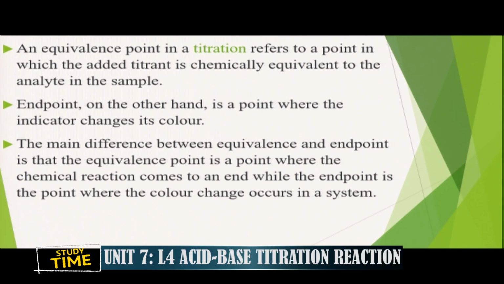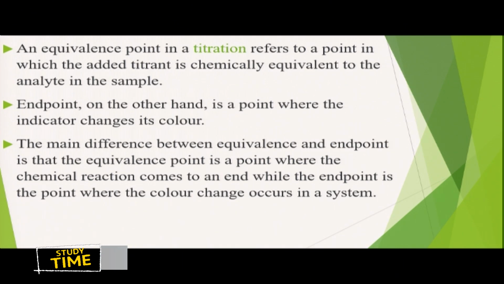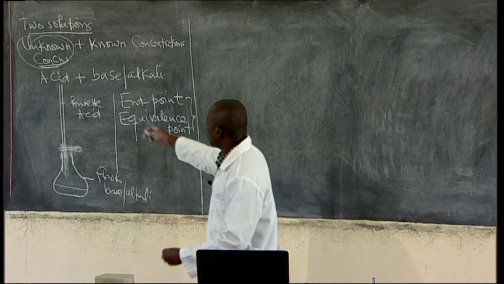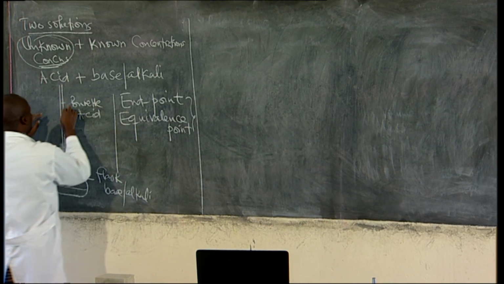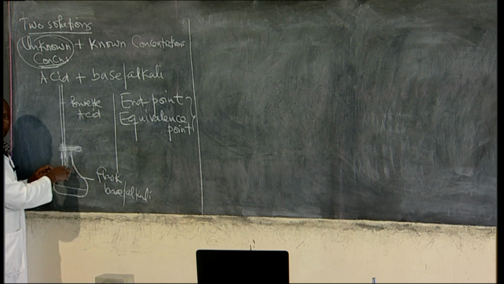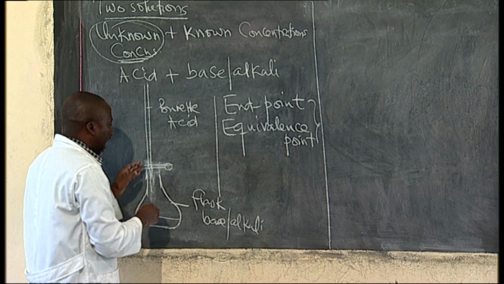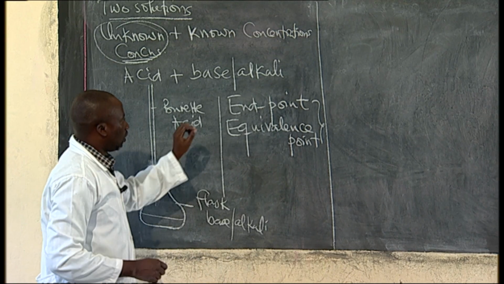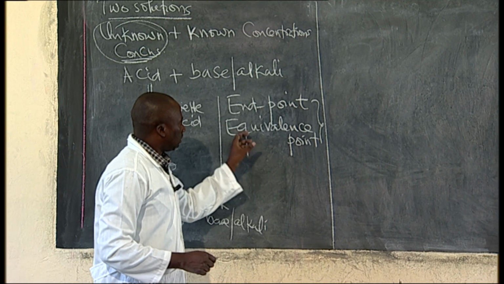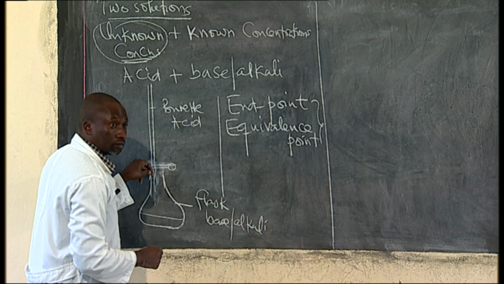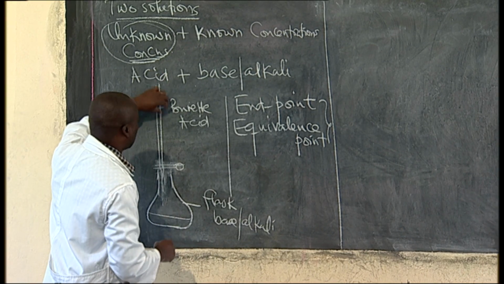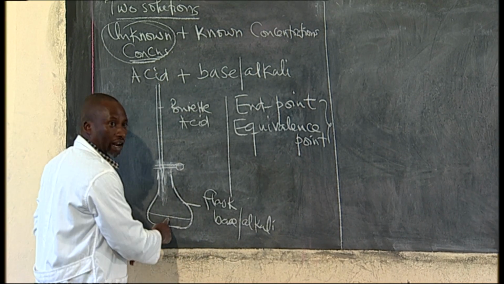What is the equivalence point? An equivalence point in the titration refers to a point in which the added titrant, the titrant is the one which is coming from the burette, is chemically equivalent. You are adding the titrant from the burette into the flask.